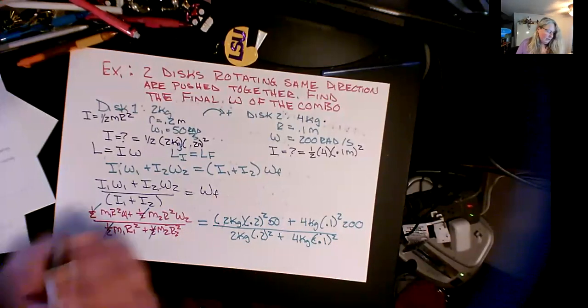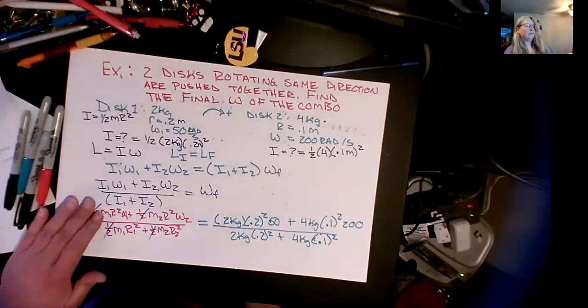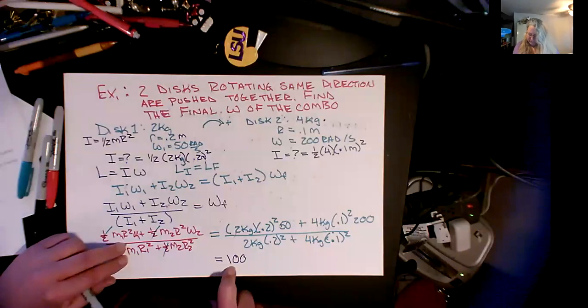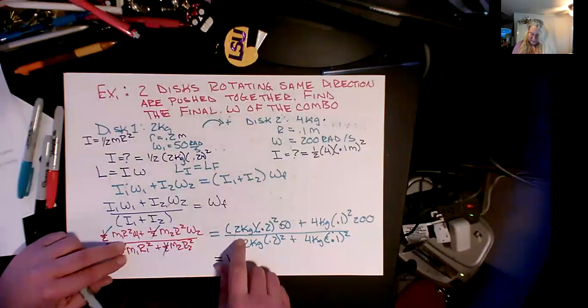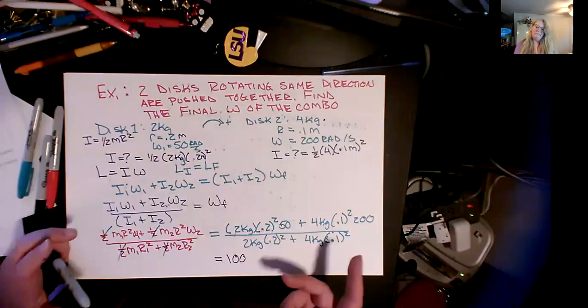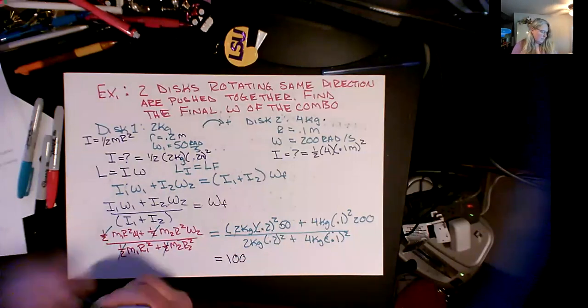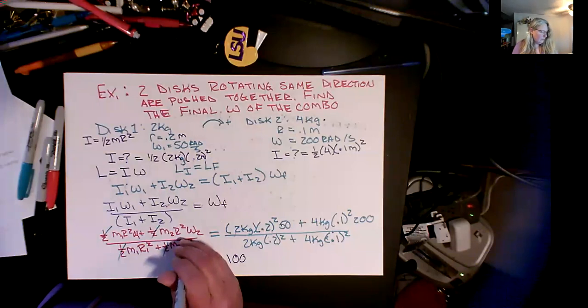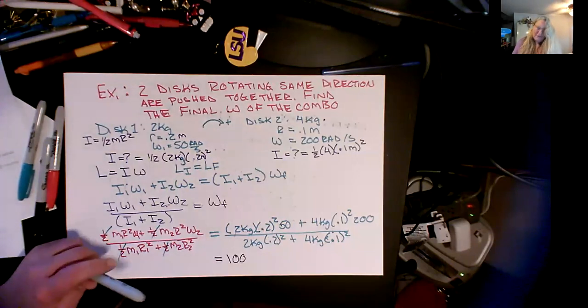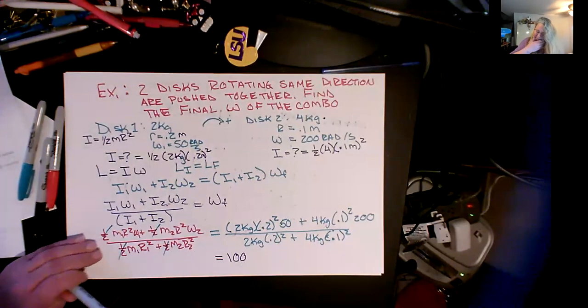So we put that in our calculators and we get what? I put that in my calculator and I get 100, with ugly units: kilograms, meters squared, omega per second. I don't really like doing units on this because it just gets hideous.